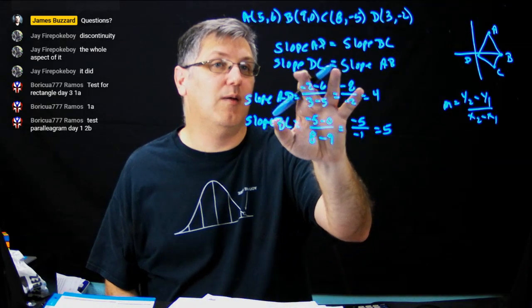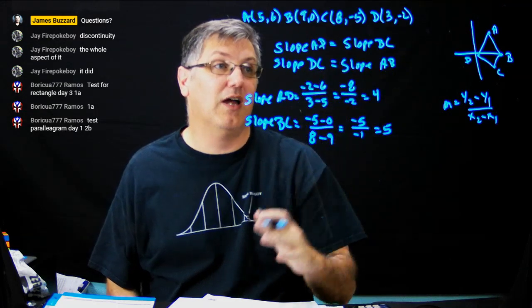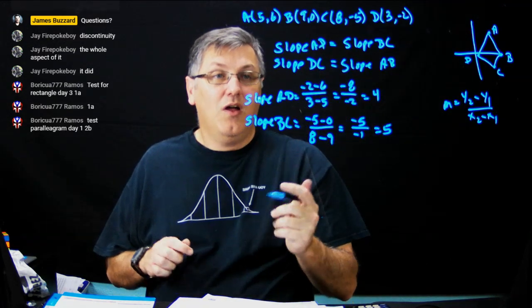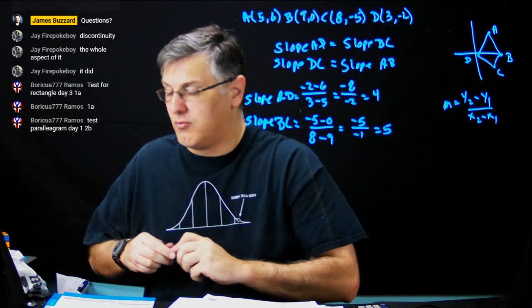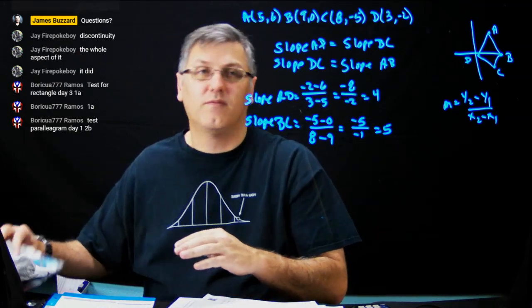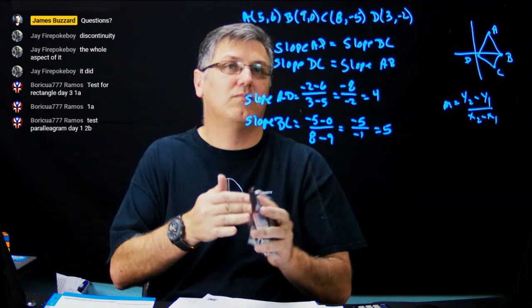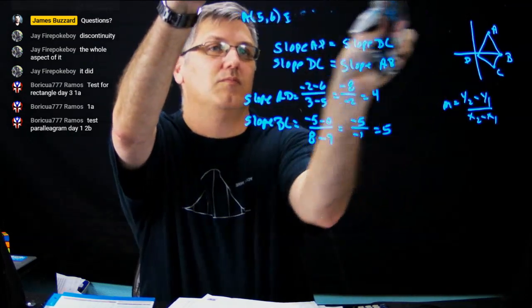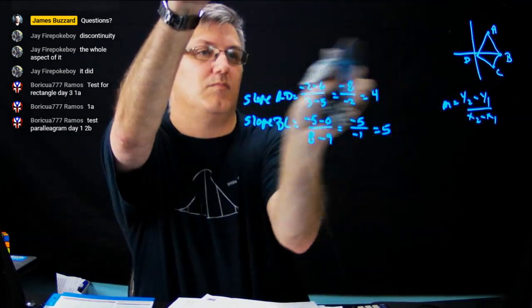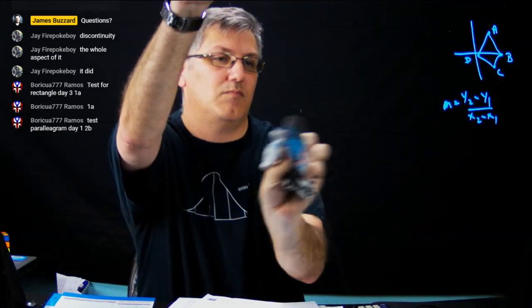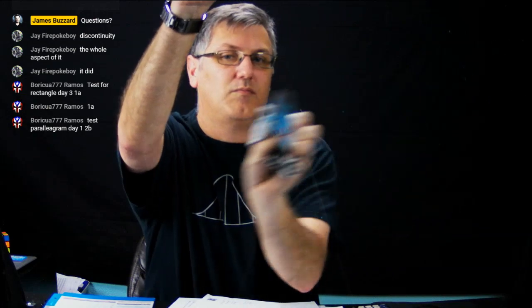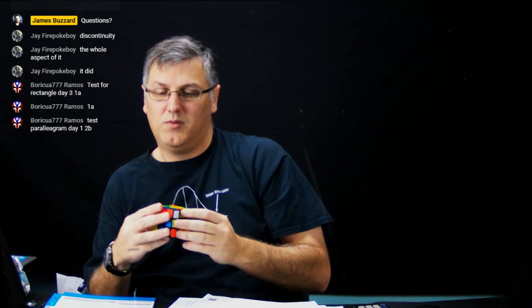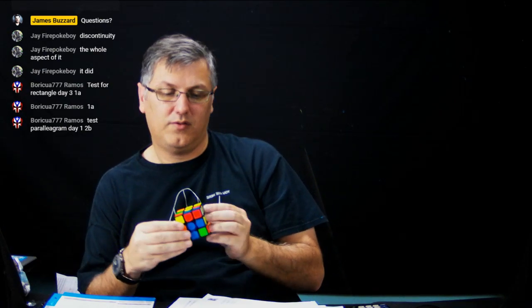If these were the same, you would check the same with DC and AB and go from there. All right, what else?